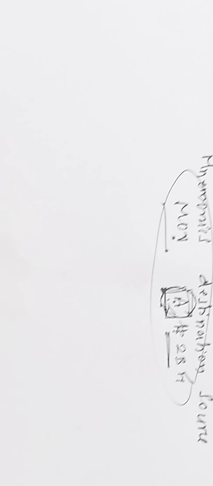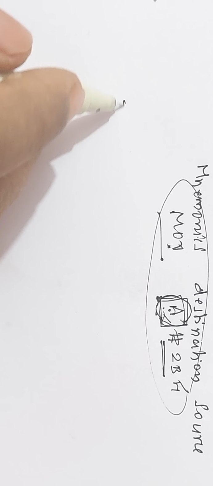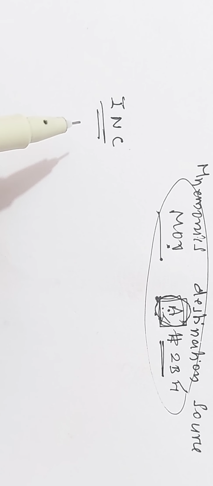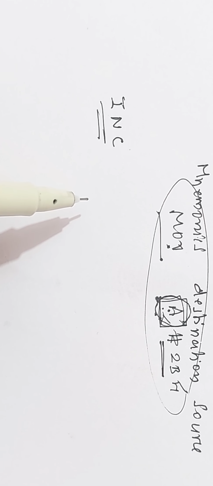Now, we will discuss one by one, starting with what increment does. INC is the operational code of increment. This instruction is called an arithmetic instruction. This instruction has only a destination and no source.